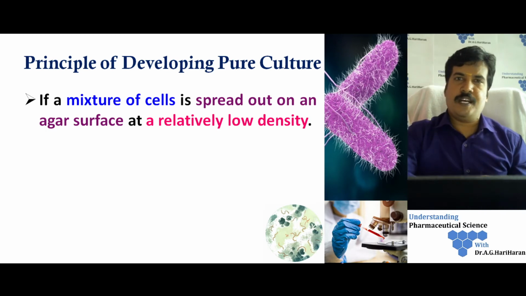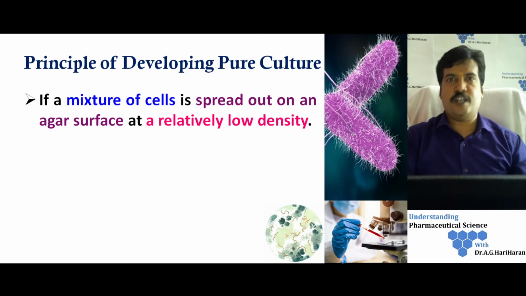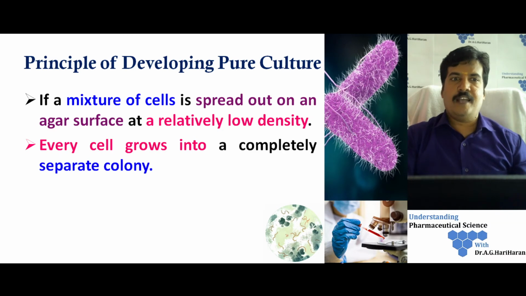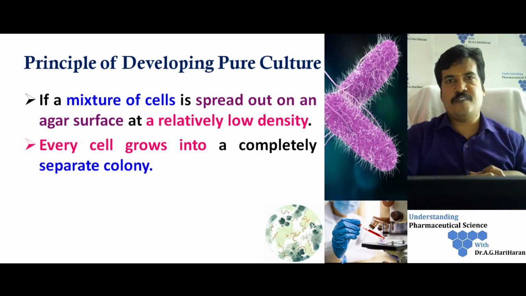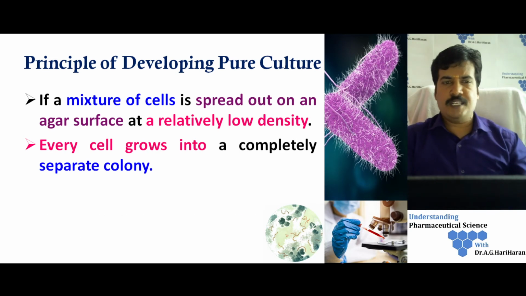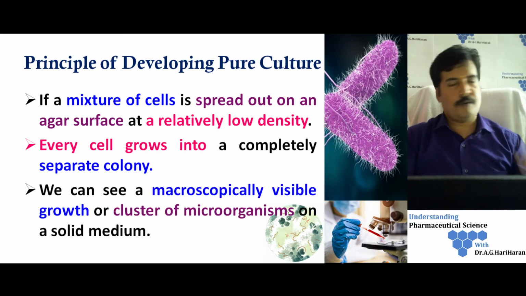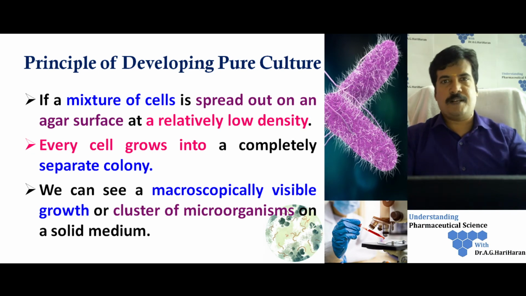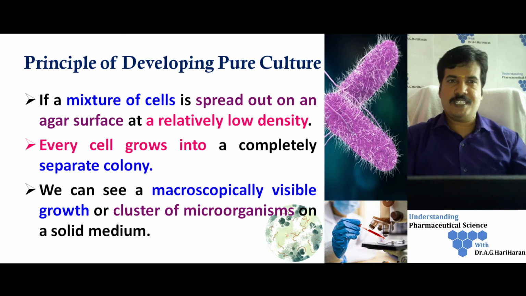Then it is spread evenly on an agar surface to individualize the cells, and these individual cells divide and form individual separate colonies. These can be viewed easily without the help of a microscope, that is, we can see the colony with the naked eye, and it is subcultured to get the pure cultured organism. This was the basic idea of the isolation of pure culture.